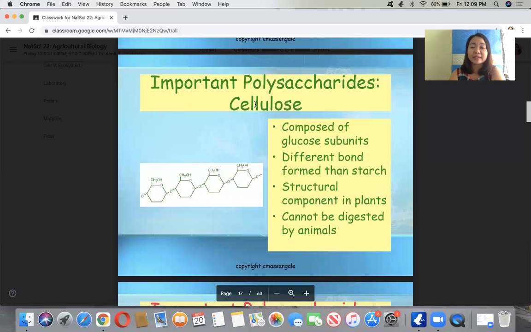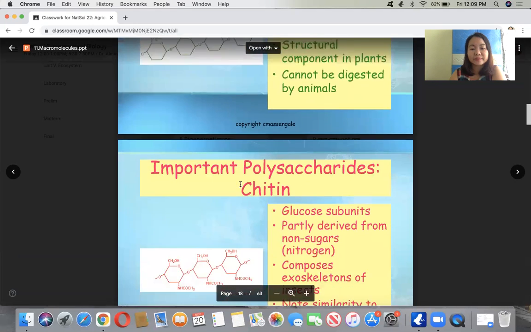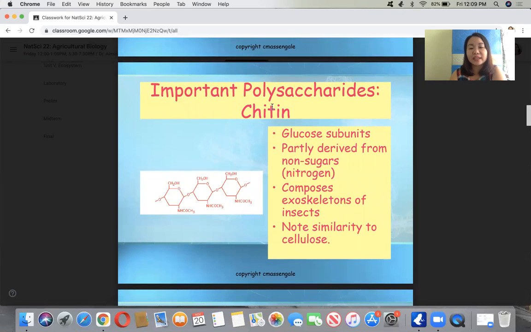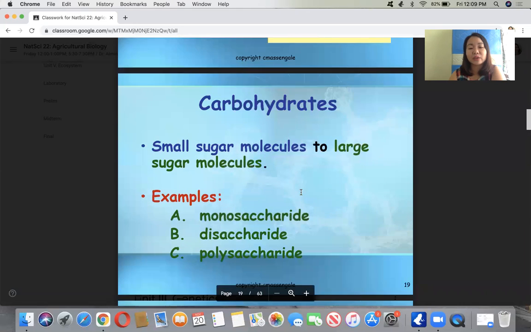Another important polysaccharide is cellulose, which is composed of glucose subunits with a different bond than starch, and it is a structural component in plants that cannot be digested by animals. Another one is chitin, partly derived from non-sugar nitrogen, which composes the exoskeleton of insects, and it is similar to cellulose.